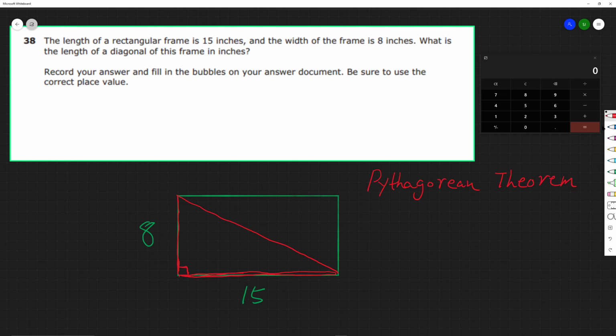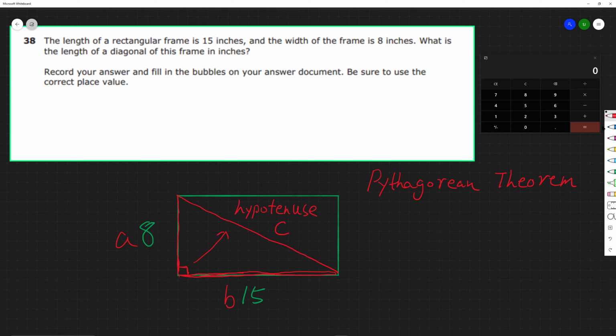Okay, so this diagonal, it is across the right angle. This is a hypotenuse, or we use C. And these two sides are the legs. We use the letters A and B to represent the two legs.